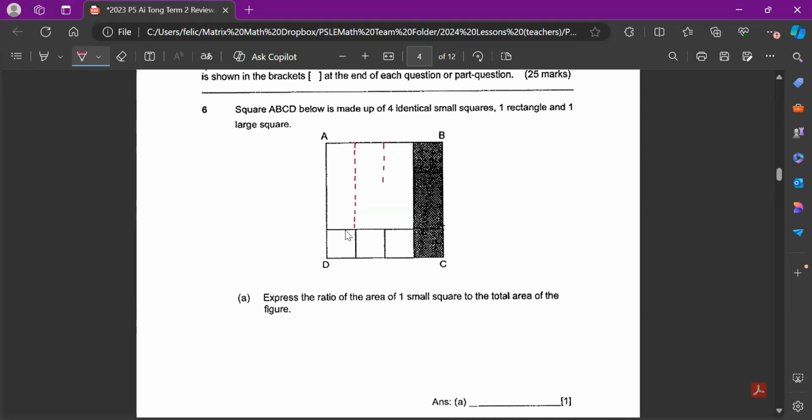I hope you all can agree with me on this. I'm just going to cut this way. Please use a ruler if you're cutting. Now, since one side of the big square is 3 small square sides, I should do the same for the vertical side here, cutting it into 3 small square sides also, like this.